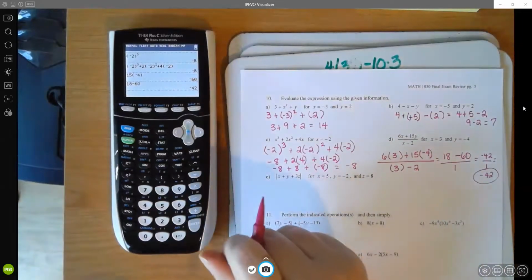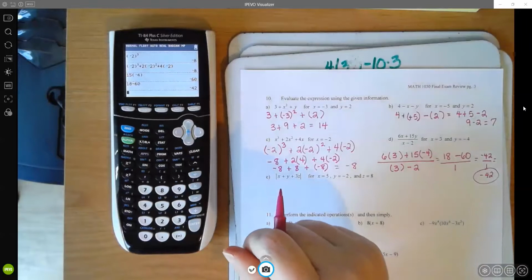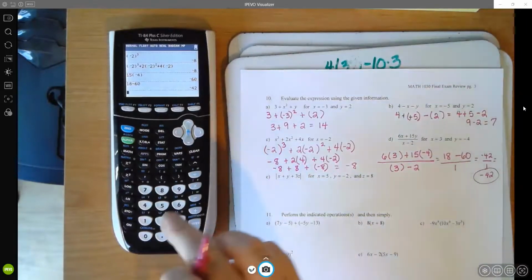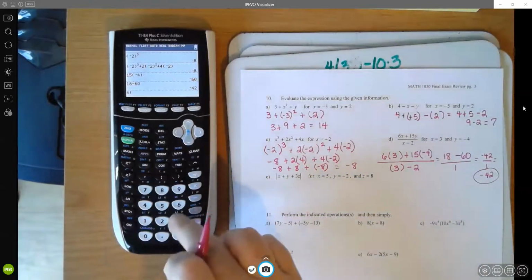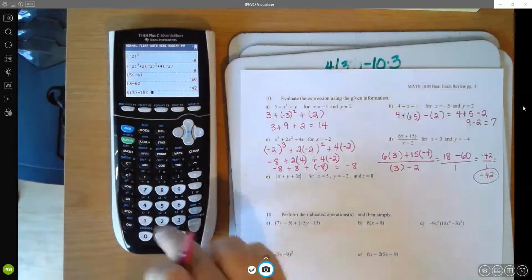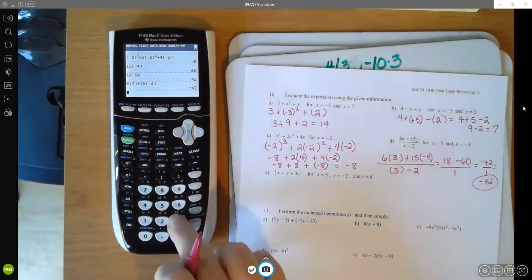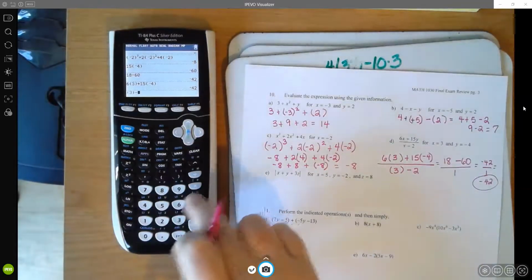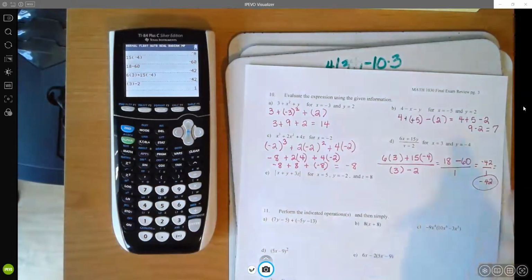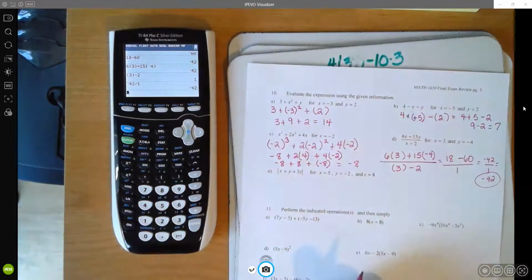Now, if we put this in the calculator, I really wouldn't recommend putting it in the calculator in one step, but recommend doing 6 times 3 plus 15 times -4 and getting the top. Then 3 subtract 2, getting the bottom, and -42 divided by 1, getting the final answer.